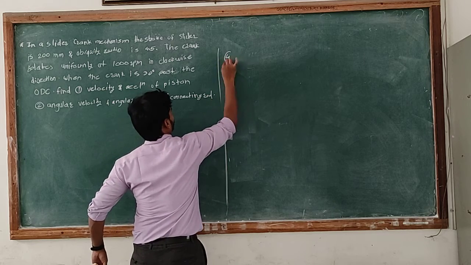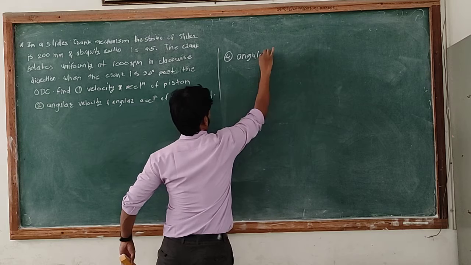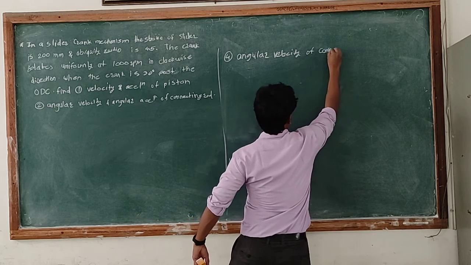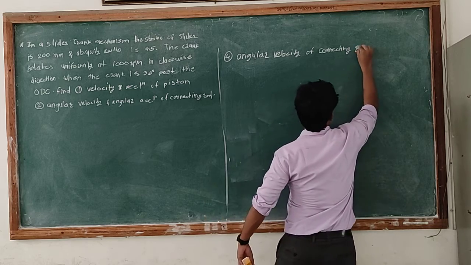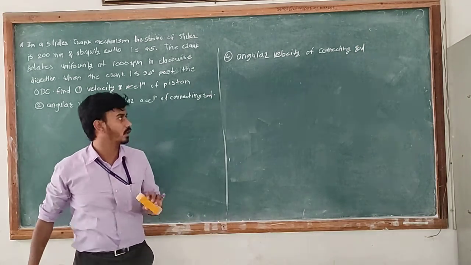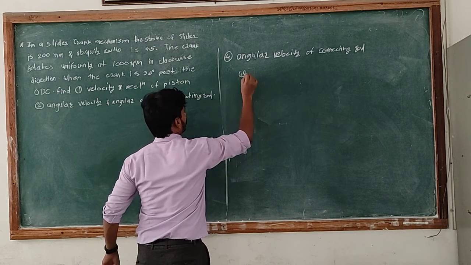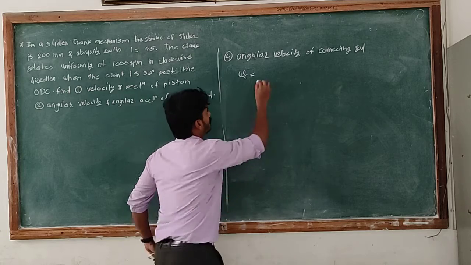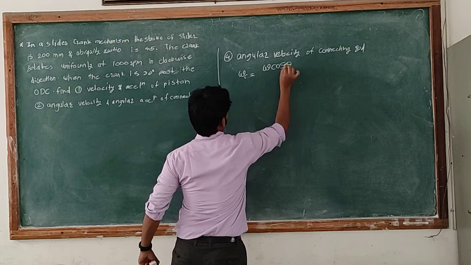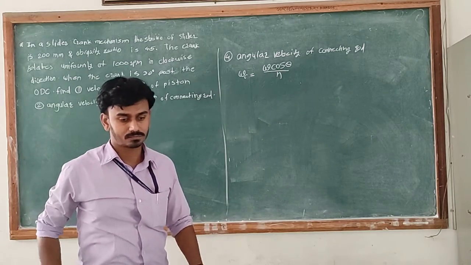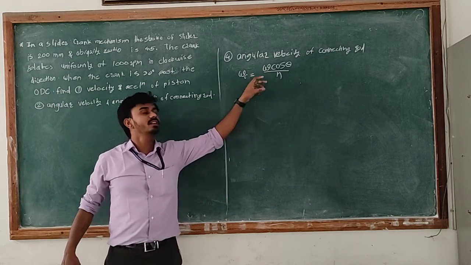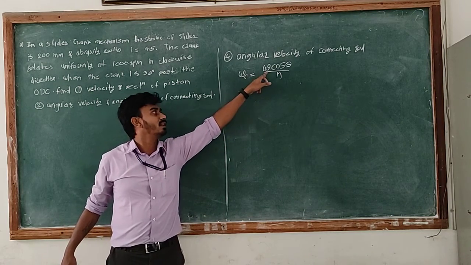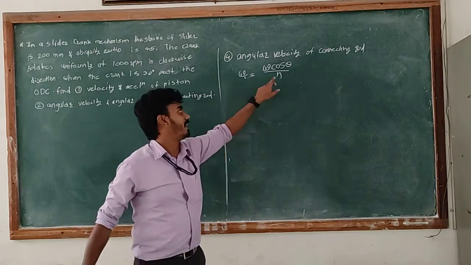The fourth formula is the angular velocity of the connecting rod, denoted by omega c. The formula is omega into cos theta divided by n, where omega is the angular velocity of the crank and n is the obliquity ratio.